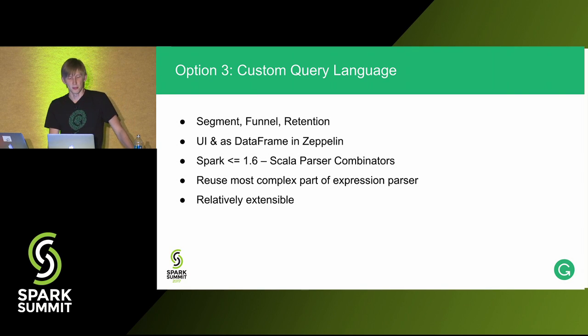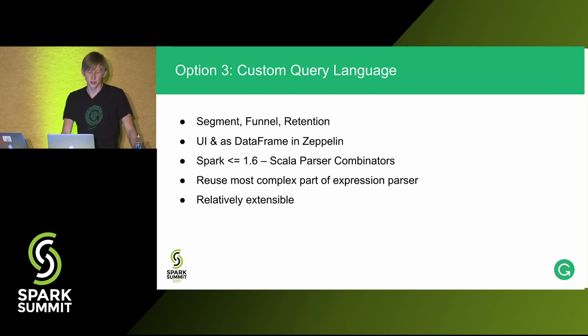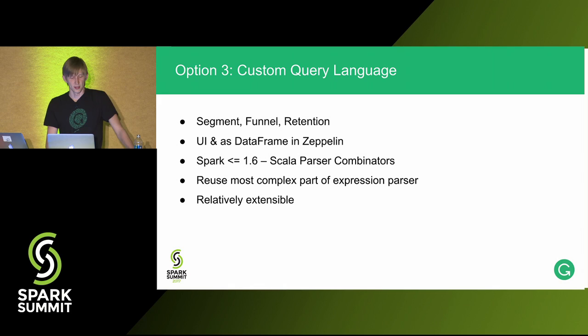Using this custom query language approach, we have so far implemented certain types of reporting, like segment, funnel, or retention analysis reports. We use this to interact with data both in Zeppelin and in our custom small UI for that.